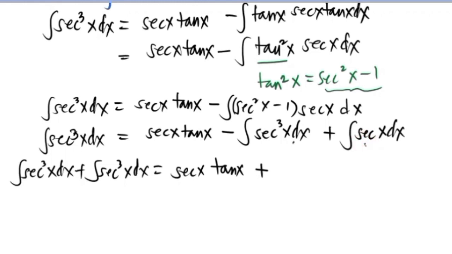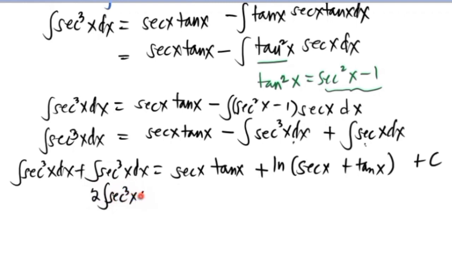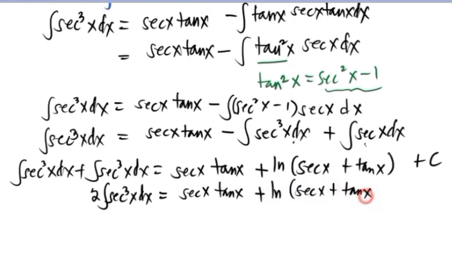So this is ln of secant x plus tangent x plus c. So pagsamahin natin itong nasa left side ng equation, we would have 2 secant cube x dx is equal to secant x tangent x plus ln of secant x plus tangent x plus c.